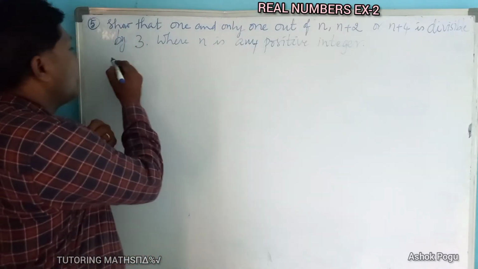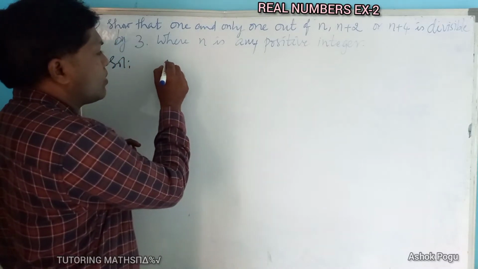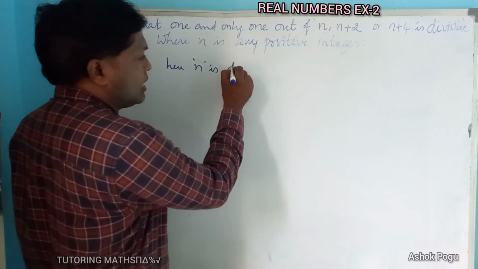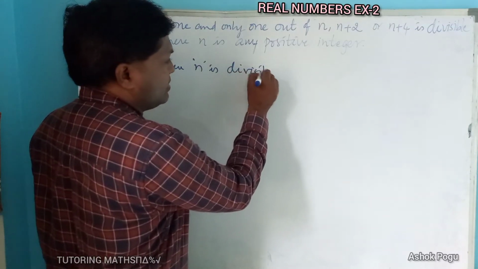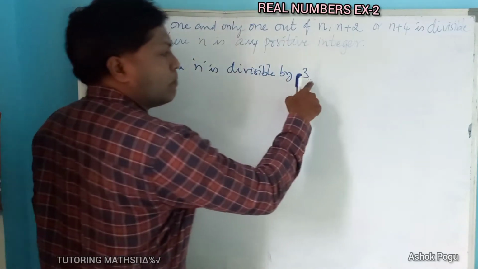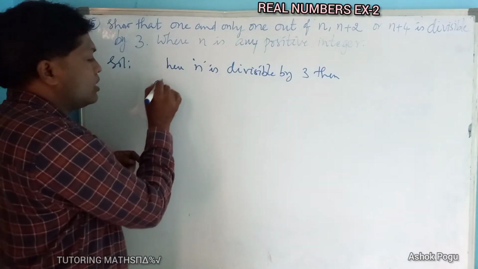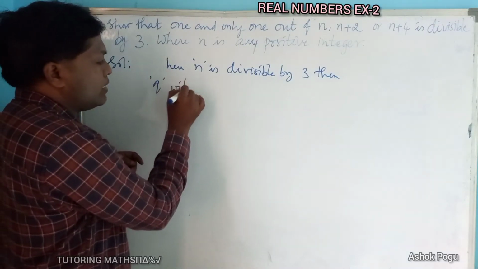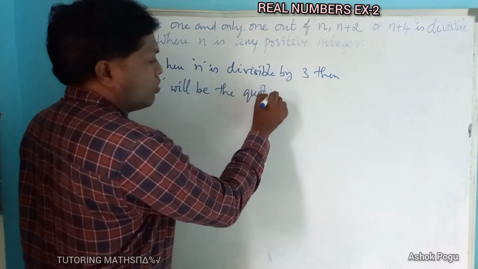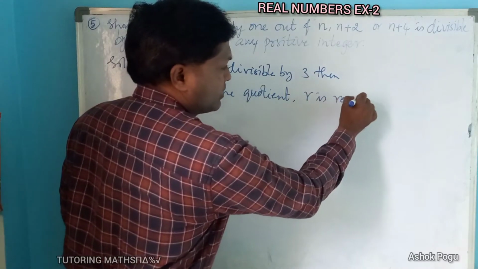Okay, let us take here n. When you divide n by 3, what would be the quotient? Q will be the quotient, and R is the remainder.